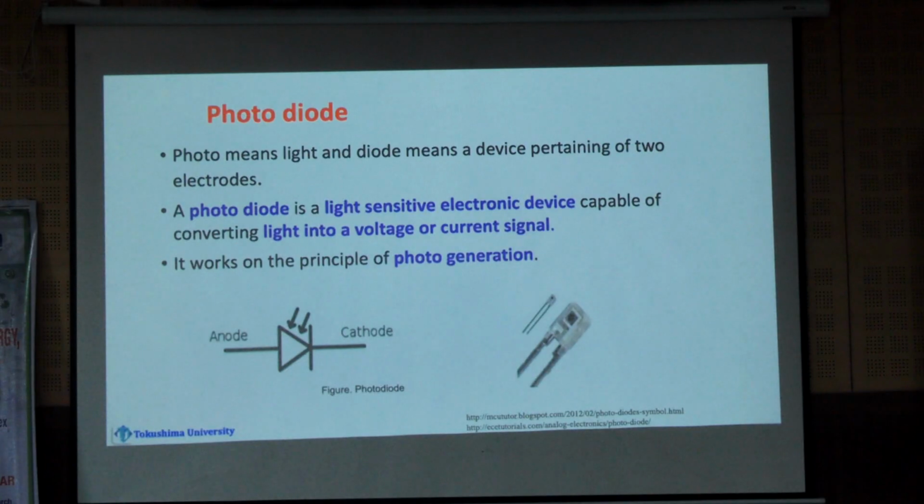So photodiode. This photodiode can sense the light which is incident on the diode, and then this light is capable of detection. This photodetection can be done using this photodiode.